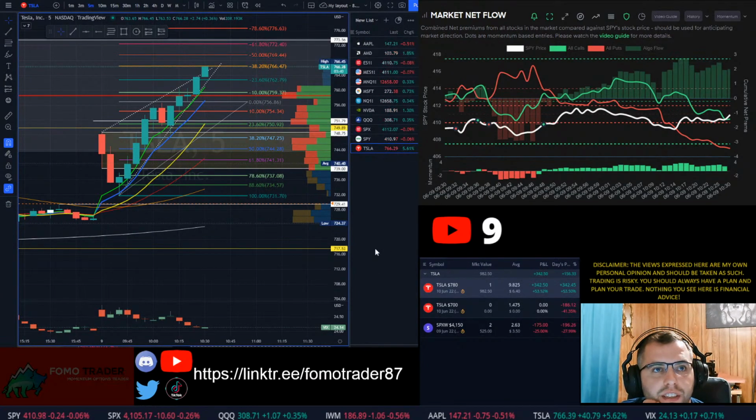Looking for a push to 773, 775 area here in between your 61.8 and 78.6 extensions. So we tapped about 55%. SPX contract is coming back around.